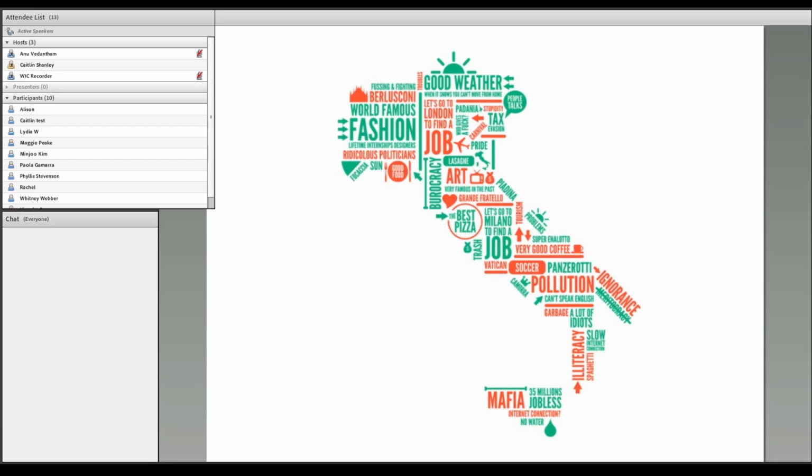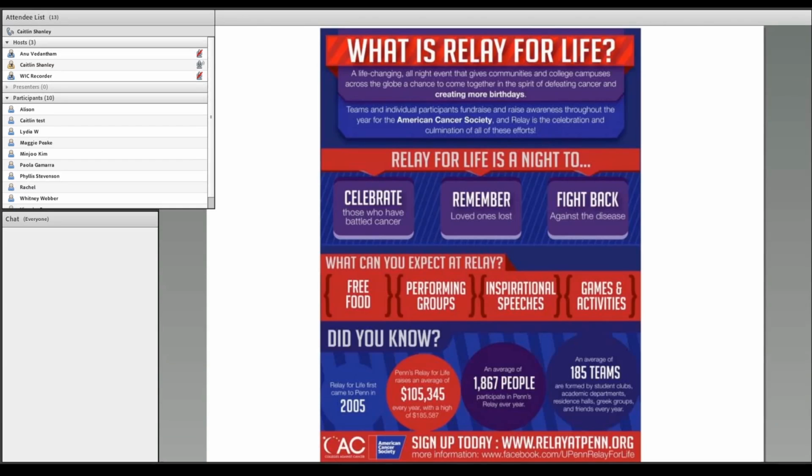This is an example I like to show. It was designed by one of the undergraduate students who works here in the Vitali Digital Media Lab. She is volunteering for Relay for Life and wanted to create a flyer for their event using the infographic conventions.